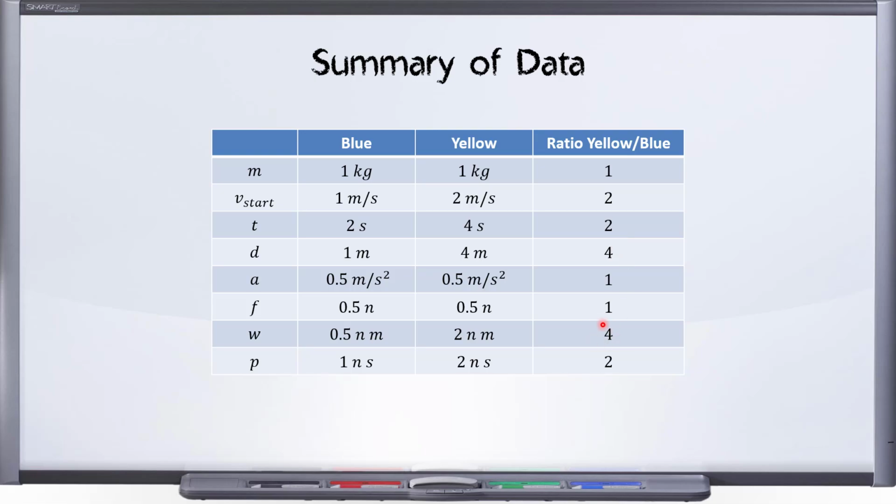Thus, we said it did 4 times the work. This is the exact relationship that we're looking at: the relationship between momentum and force. Here's the force scalar. This is time. Momentum is a force acting for some period of time. So if we doubled the time, we doubled the momentum.